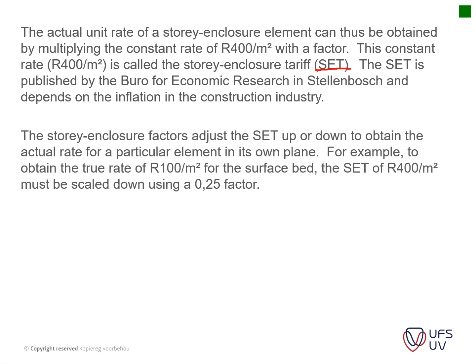The storey enclosure factors adjust the tariff up or down to obtain the actual rate for the particular element in its own plane. For example, to obtain the true rate of 100 Rand per square meter for the surface bed, a factor of 0.25 is multiplied with the tariff, which was given as 400 Rand per square meter.